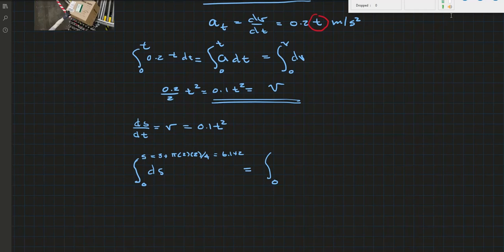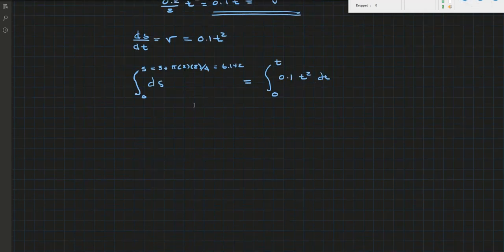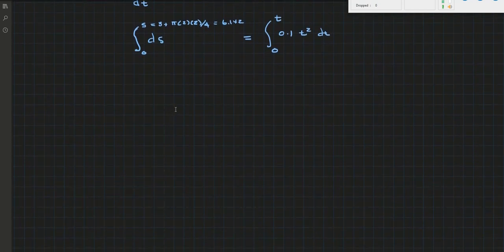And then set this equal to the integral of, from velocity starts at 0 according to our problem, our time starts at 0 to time t that we're trying to figure out, 0.1t squared for velocity, v dt. Okay, solving these integrals, we get 6.142 equals 0.1 over 3 t cubed, and then it's just a simple matter of solving for t.